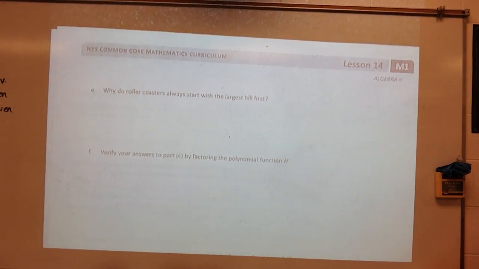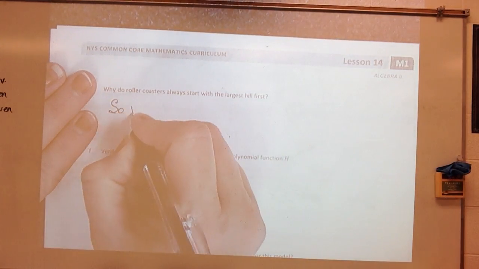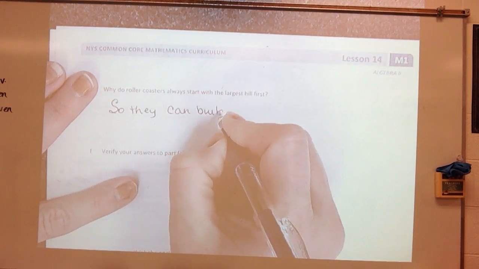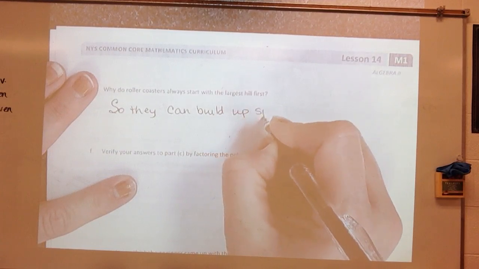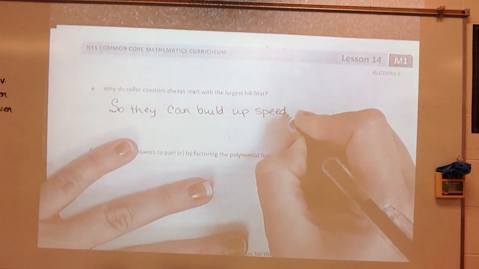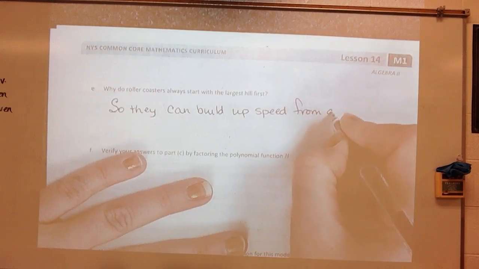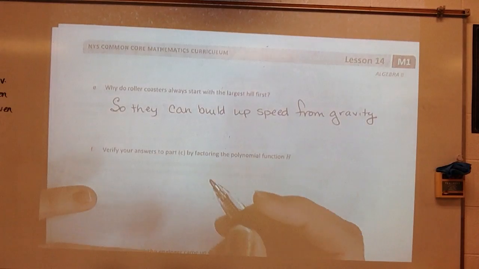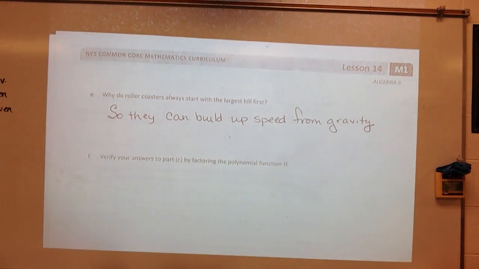Why do roller coasters always start with the largest hill first? So have you ever thought about this? Why do we start with the largest hill first? Well, they start with the largest hill first so they can build up speed from gravity, to help propel the cars through the rest of the track.